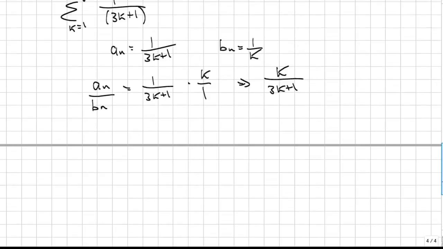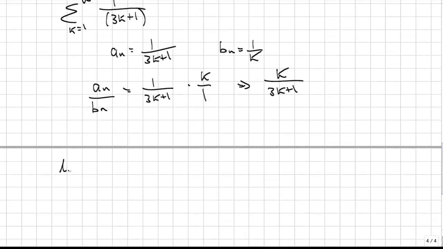And now we consider what happens as k goes towards infinity. So the limit as k goes towards infinity for this one, let's divide throughout by k. We're going to get 1 over 3 plus 1 over k, which in the limit will go towards 1 over 3 plus 0, which is 1/3.